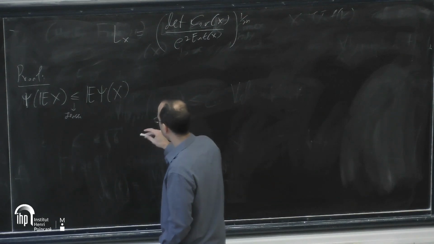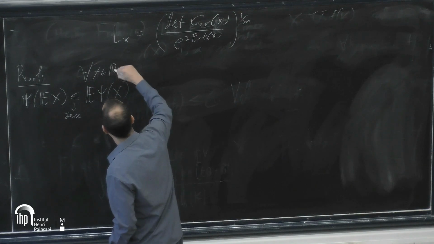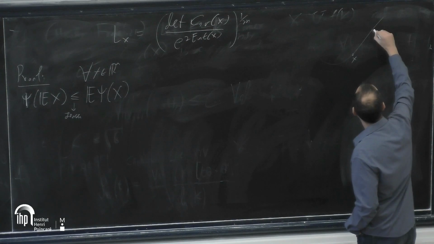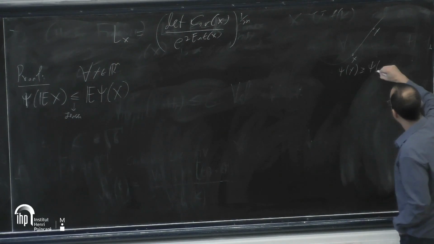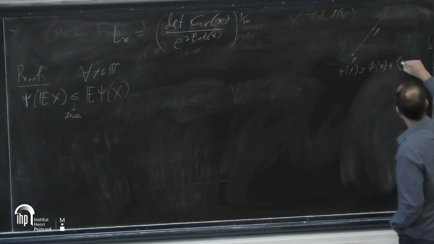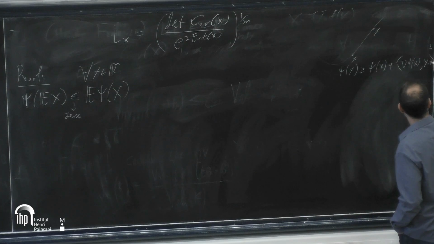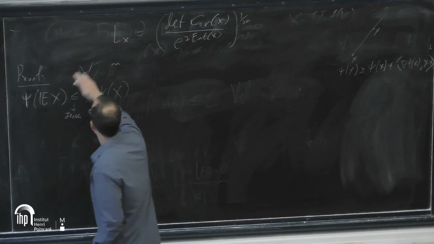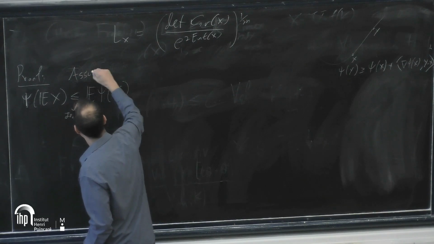Now, there is a nice thing. If you take any y in Rn, a convex function lies above its tangent. So if this is the point x and this is y, I know that psi of y is larger than psi of x plus grad psi x, y minus x. And let me also assume that the density is continuous.